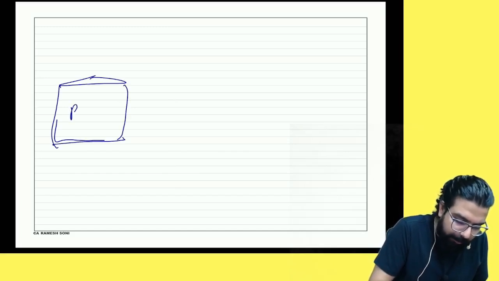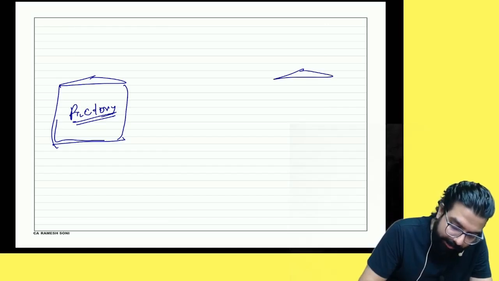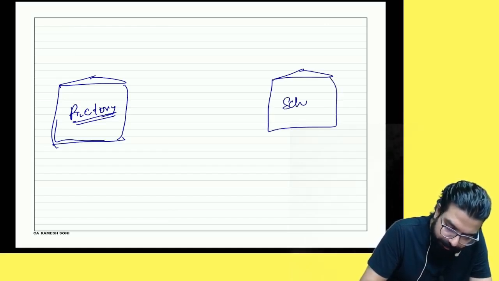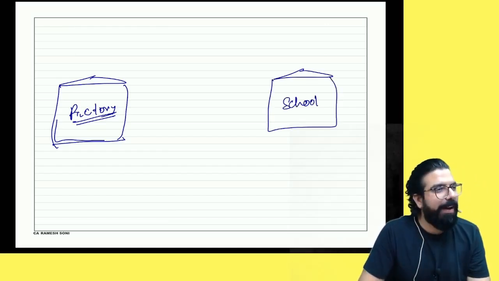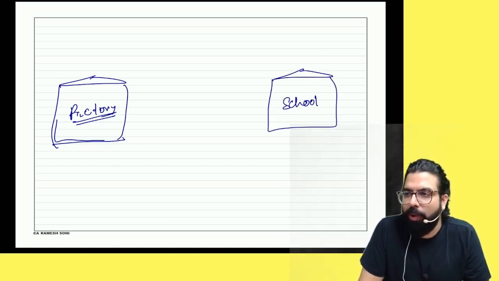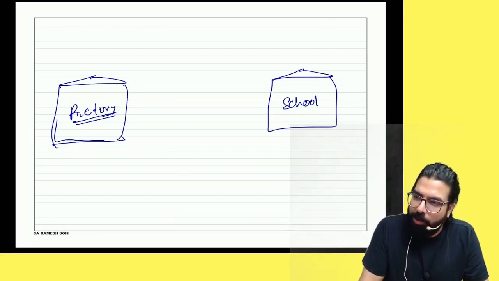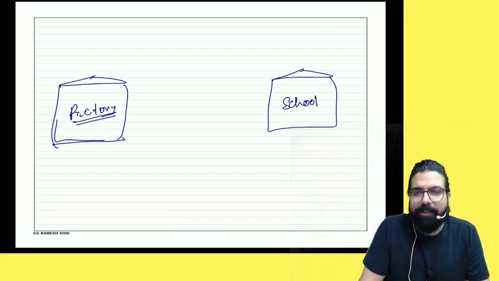For an example, one factory is there. This is one factory. And this is one school. School went to the factory and told, sir, if you are running the factory every day morning 9 to 12, our students are getting very disturbed. The factory noise will be there. You are just beside our school only.